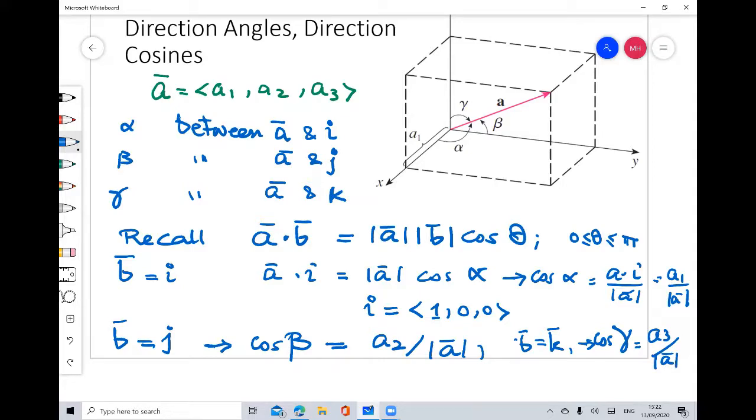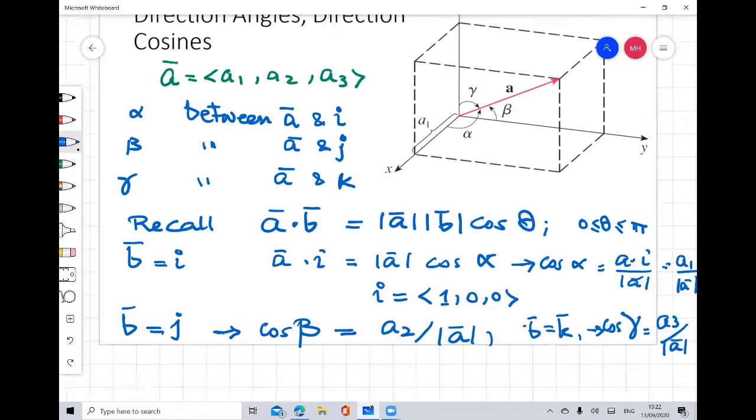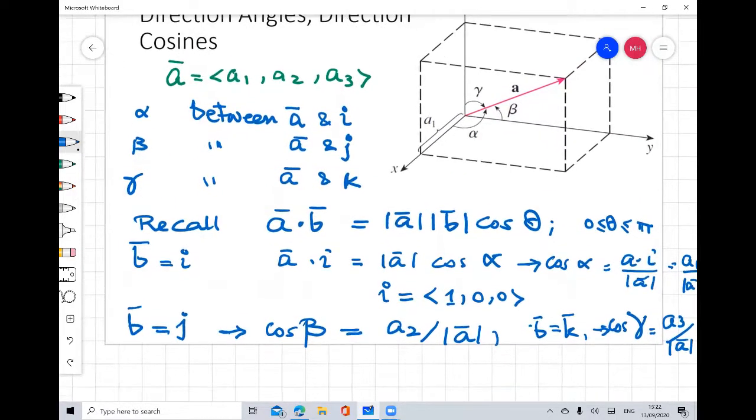So now I could rewrite my vector A in terms of these cosine angles. That's why we call them direction cosines.